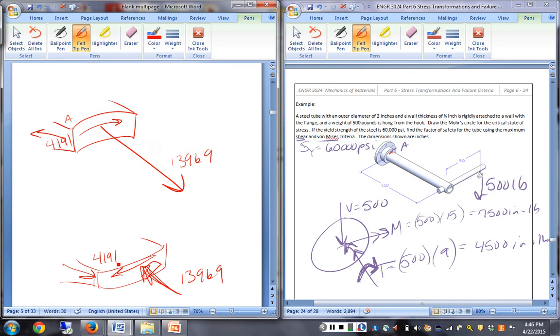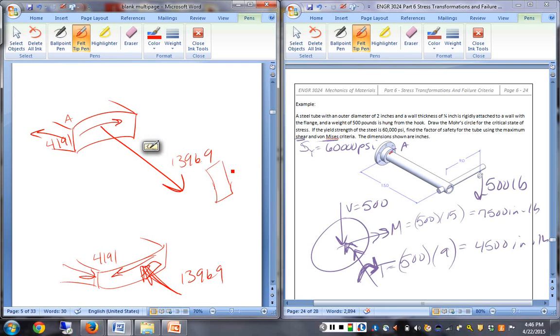Is everybody cool with how I ended up with that drawing? So the top one is at noon, and the other one's at the bottom, at 6 o'clock. And we're ignoring 3 and 9, again, because we've said that V is negligible and sigma is 0 there. Or if we drew it, it would look like this.